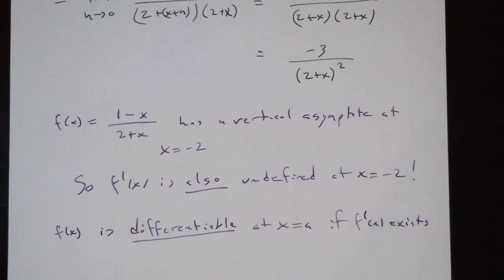Now remember, our definition of f prime is a limit. But that asymptote is the place where my function isn't continuous.